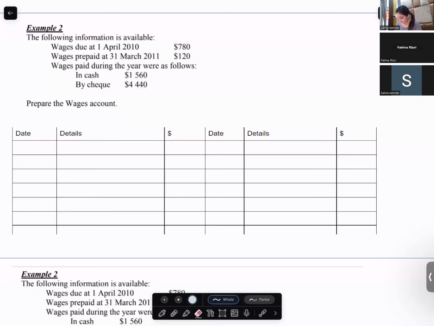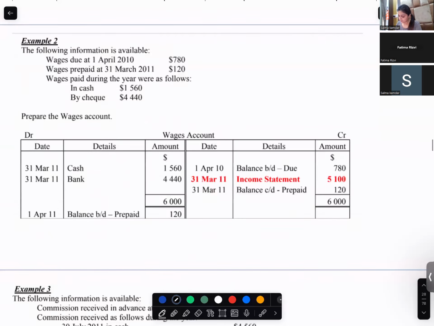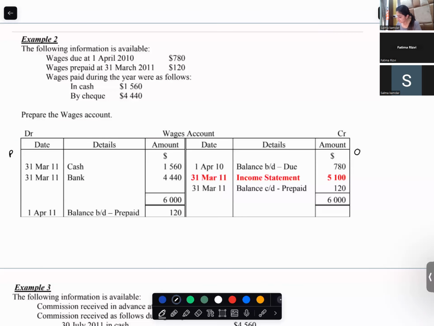Fatima, tell me which account is this, income account or expense account? Expense. So what is the format that we will follow? Prepaid, Outstanding, Bank, Income statement. What does this represent?